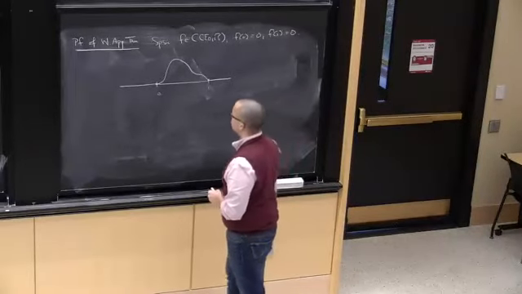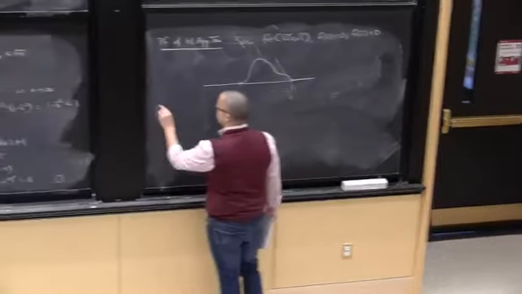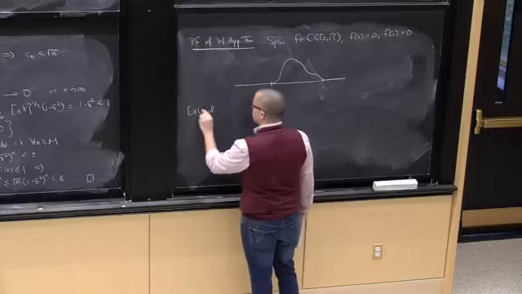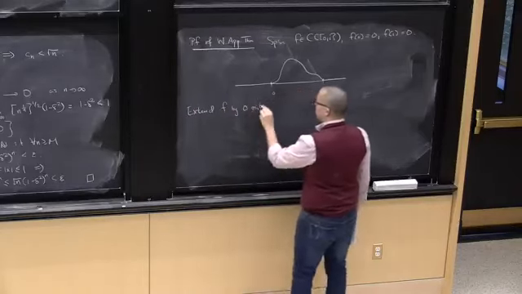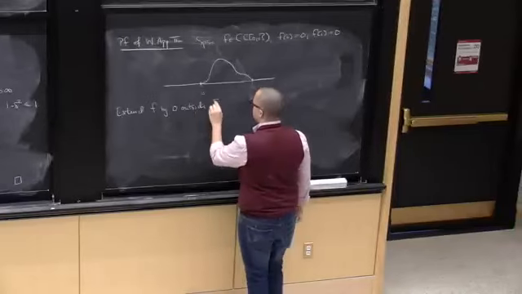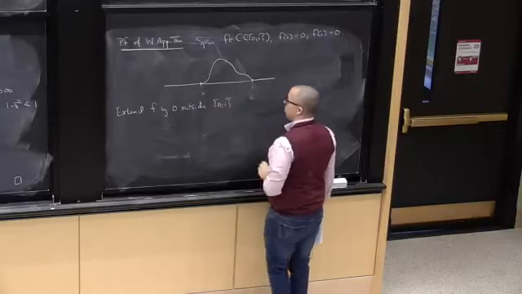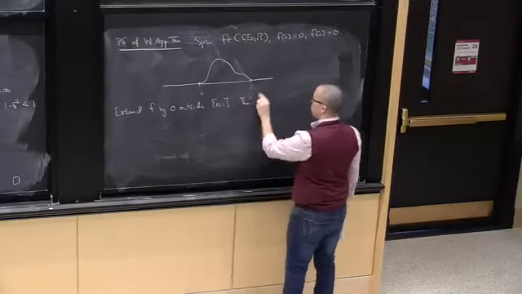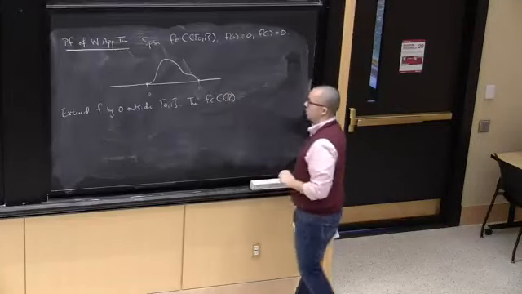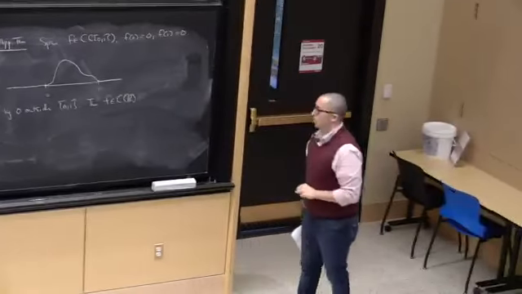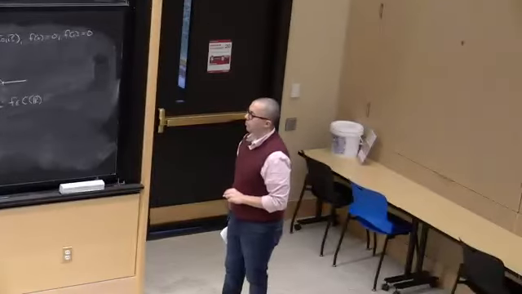Okay? So we extend f by 0 outside of [0, 1]. And this function f is a continuous function on the real number line. Okay.